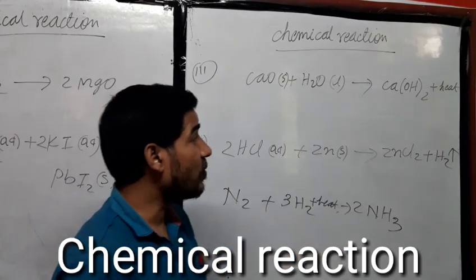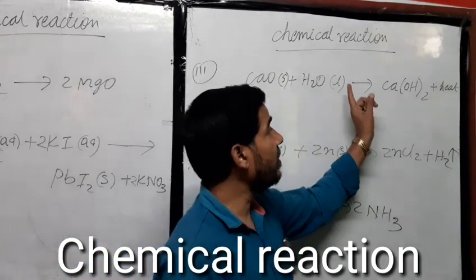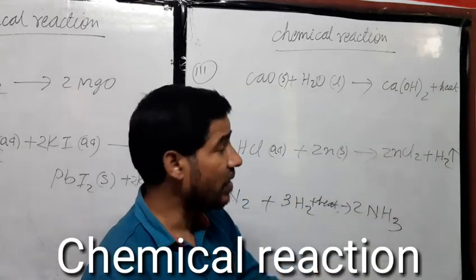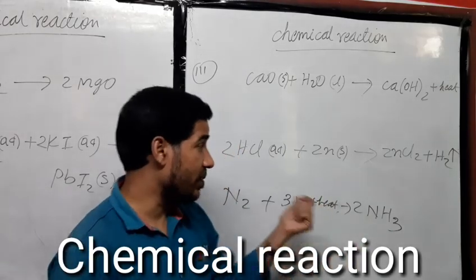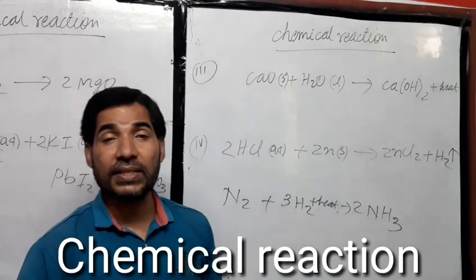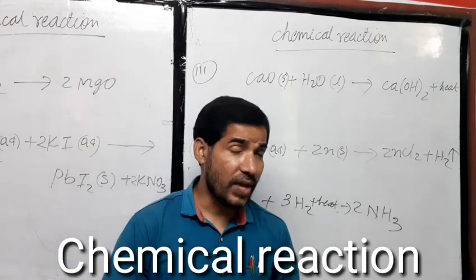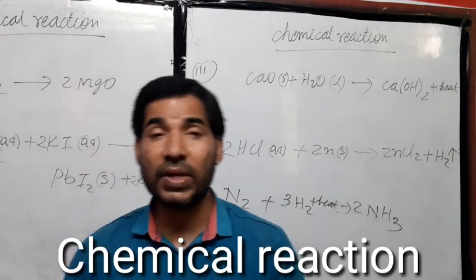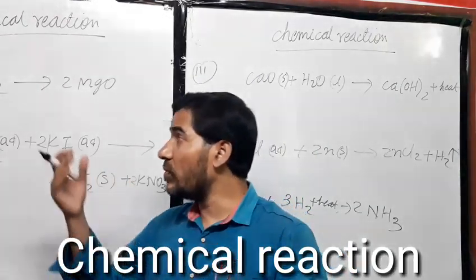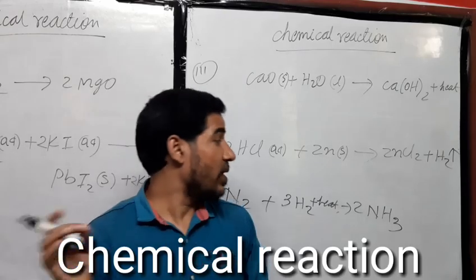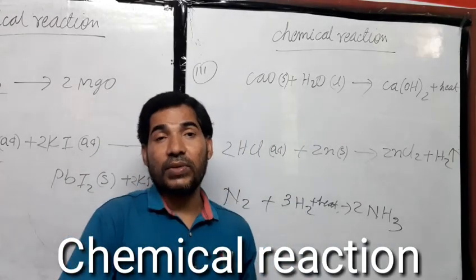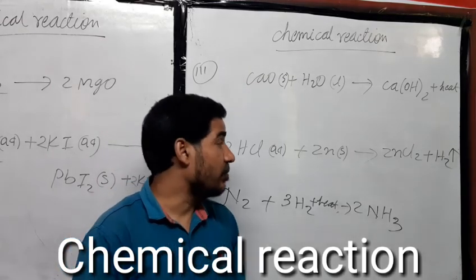So a chemical equation in which heat is written on the right hand side of the arrow is an example of an exothermic reaction, and a chemical equation in which heat is written on the left hand side of the arrow is an example of an endothermic reaction. So we are seeing that by the use of a chemical equation we can say what the physical state of the reactants and products is, which reaction is exothermic and which is endothermic, etc.